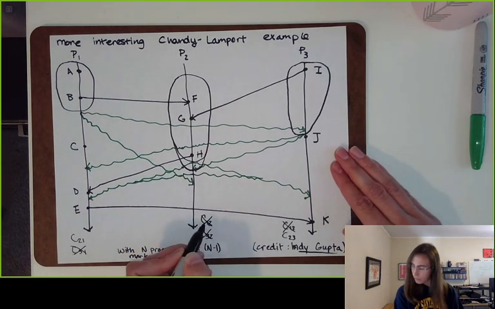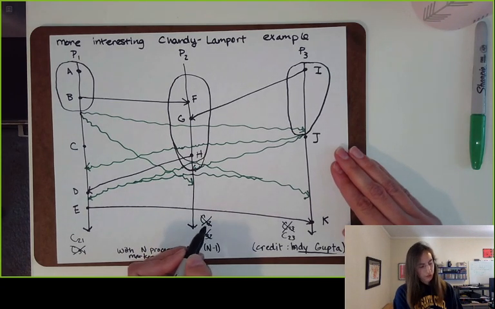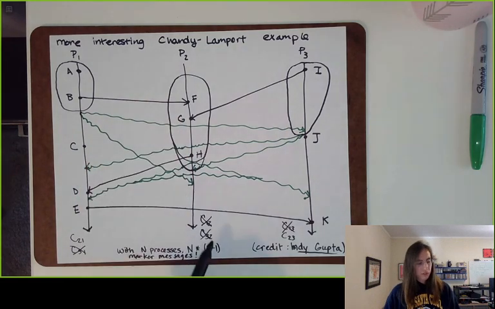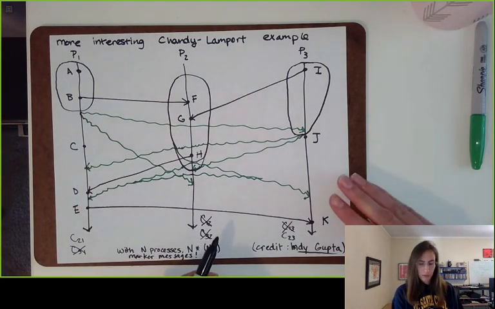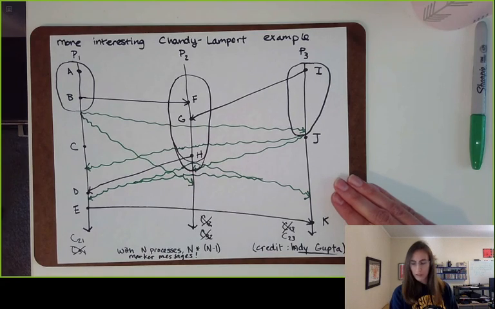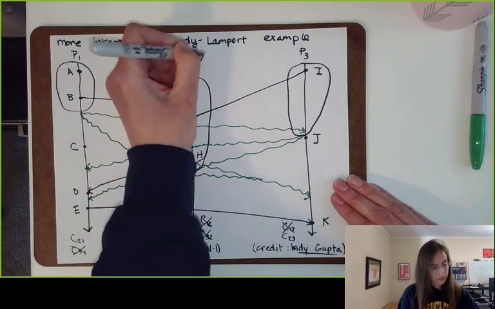So I can cross that off here. And no messages were received on that channel, so that's going to be an empty one as well. So now P2's job is done. It's recorded its own state, and it's done recording on both of its channels. So P2 is all set.